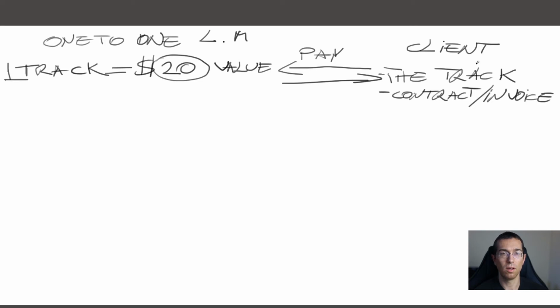So in this case, you, as the owner of the track, will receive a part of the $20, because the $20 is divided.